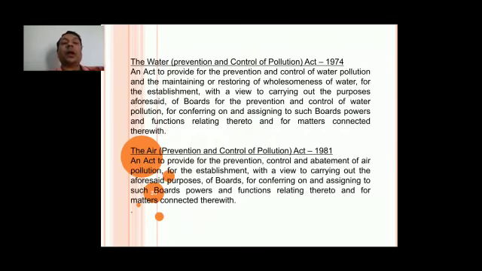The Water Act 1974, the Act to provide for the prevention and control of water pollution and the maintaining or restoring of wholesomeness of water, for the establishment of Boards for the Prevention and Control of Water Pollution, for conferring on and assigning to such boards power and function relating thereto, and for matters connected therewith.